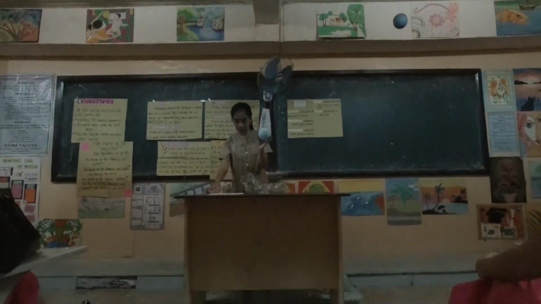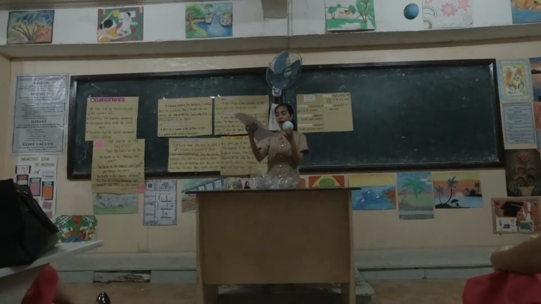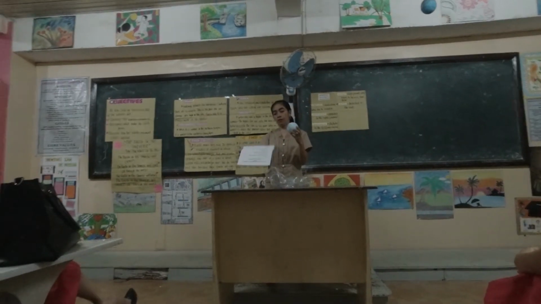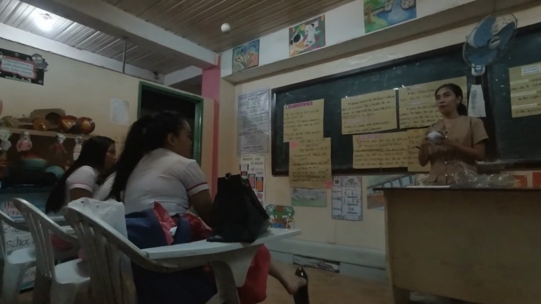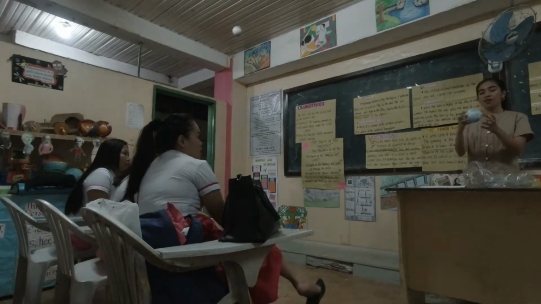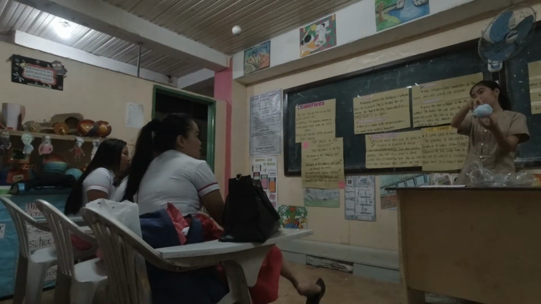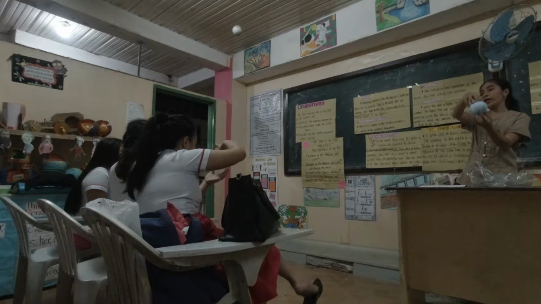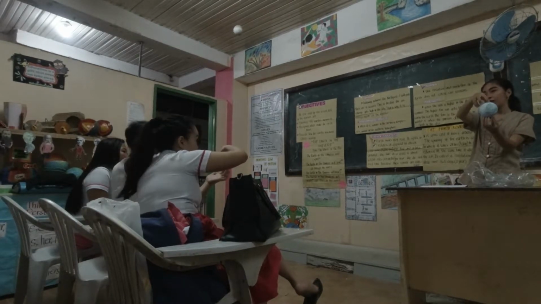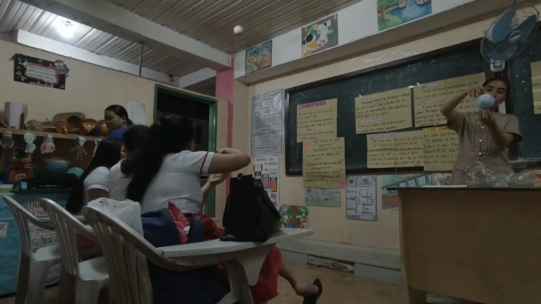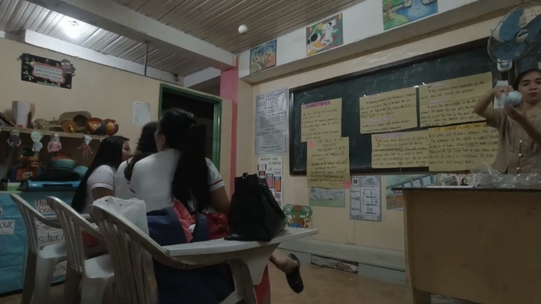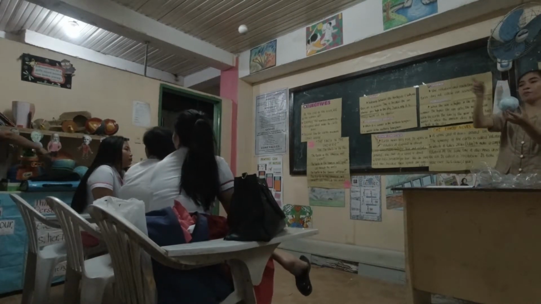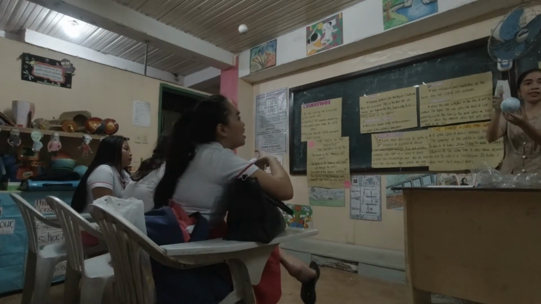I want you to ask what you have observed. One of your pair will spin it, kunwari, dito lang siya, in one place lang siya. Tapos, kunwari, di ba yung position ng Earth is hindi talaga ganito, ganyan. Kasi nga may imaginary line siya, or what we call its axis.